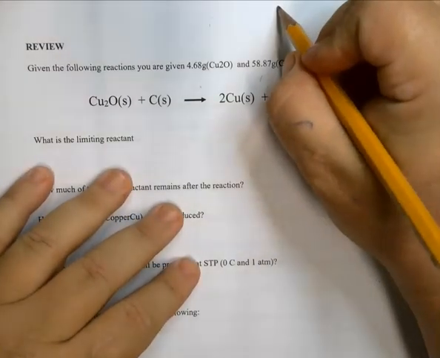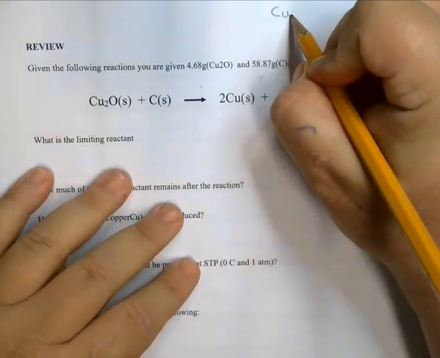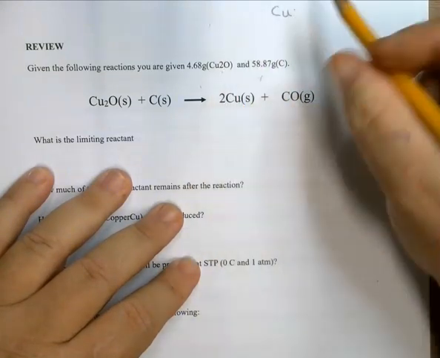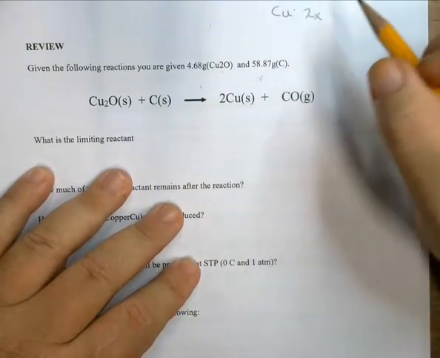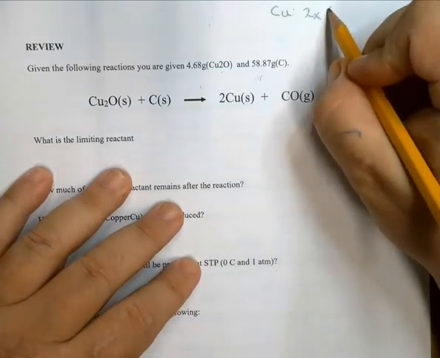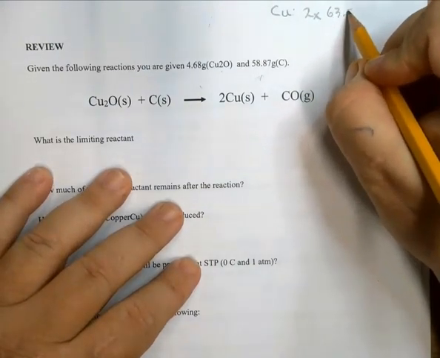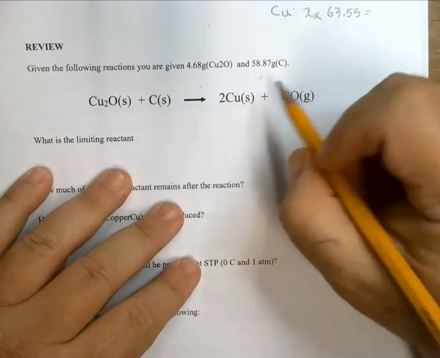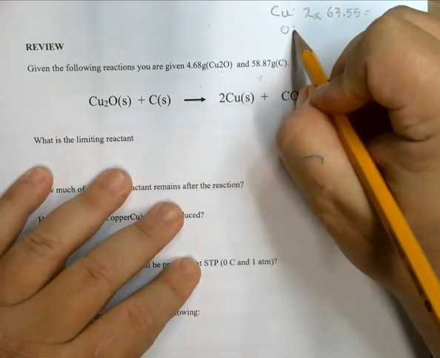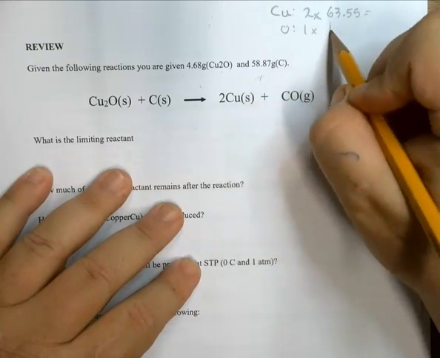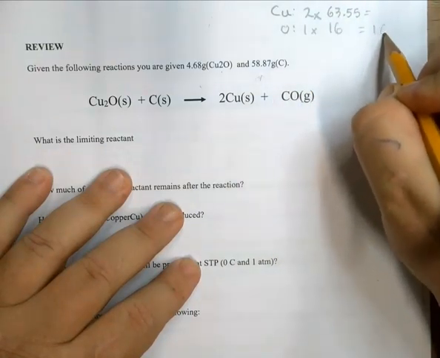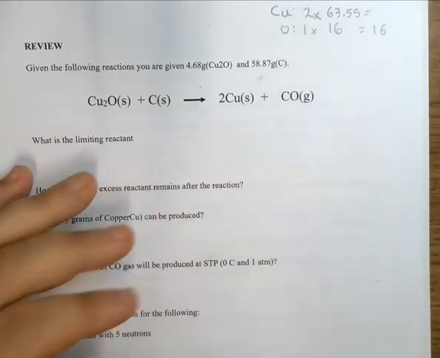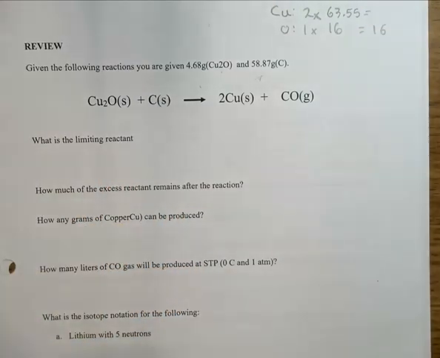So let's do this. It's a little bit of practice on this. Cu, you have 2 coppers, and the molar mass of copper is 63.55. And then you have a single oxygen. There's 1 times, we know this one is 16. And 63.55. It's too late in the day. I'm too tired to do it in my head. 127.1.